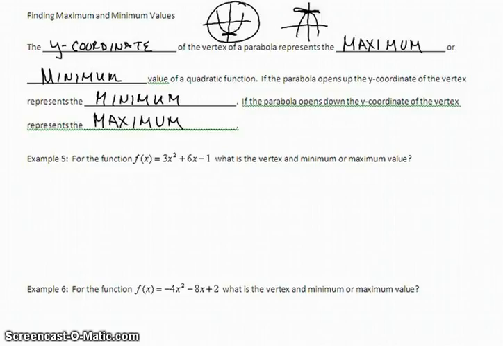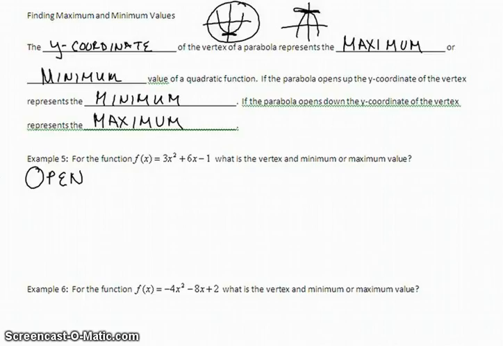So looking at example 5, f of x equals 3x squared plus 6x minus 1. We need to determine the vertex and then decide, does it have a maximum or a minimum? Looking at this equation, we can tell if it opens up or down from the value of a, or the coefficient of my squared term, quadratic term.